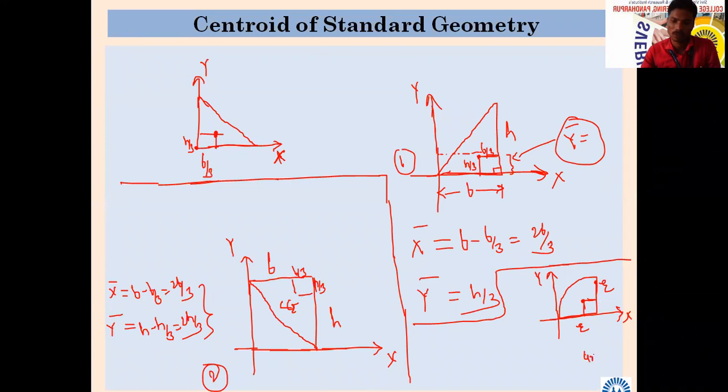So I will write here 4r divided by 3 pi. So what will be x bar and y bar? Will both be same?